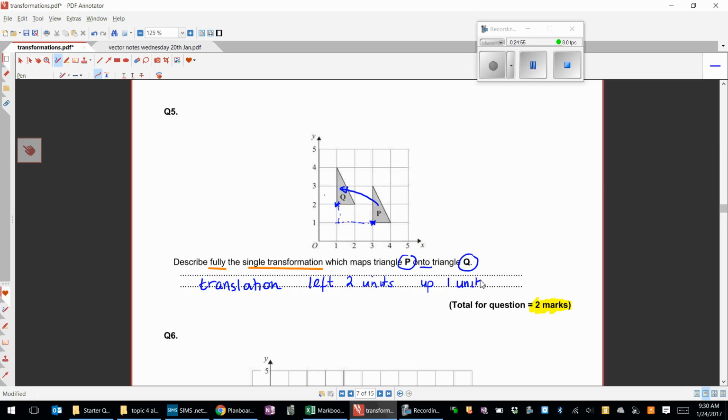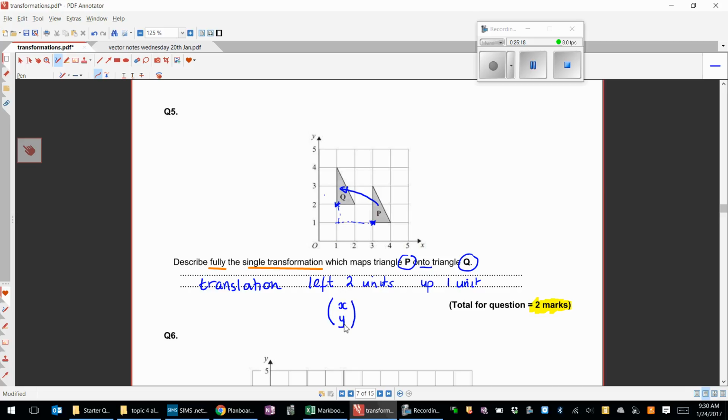Now, I think for you guys, for the foundation level, that's fine. That's all you need to say. But if you want to be really properly correct, we would actually change this 2 units left, 1 unit up, to a column vector, where we would say we do the x direction and then the y direction.